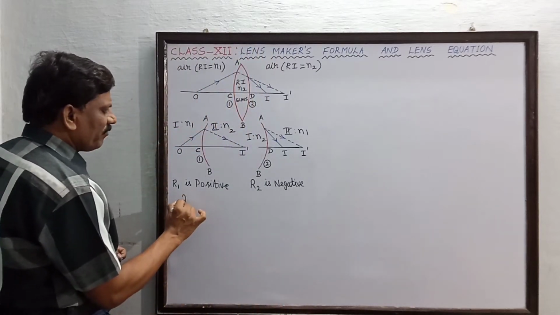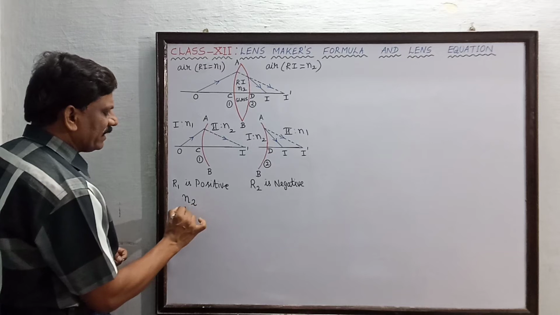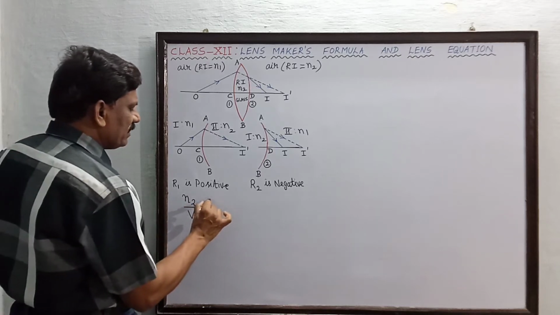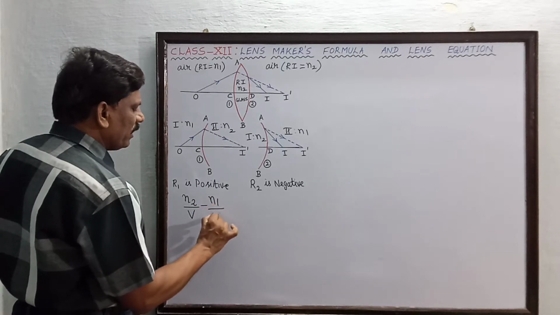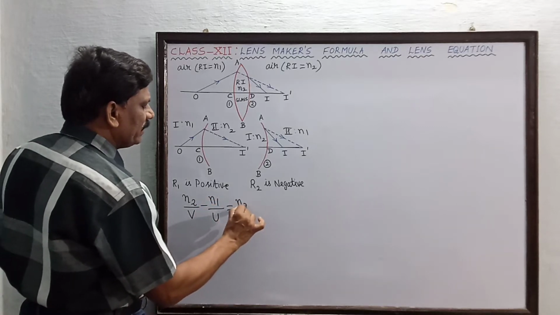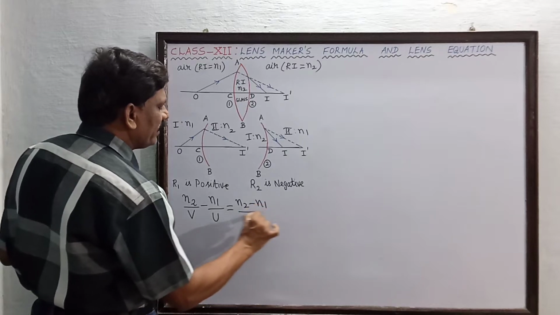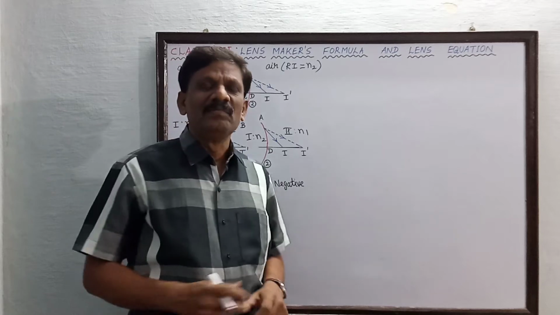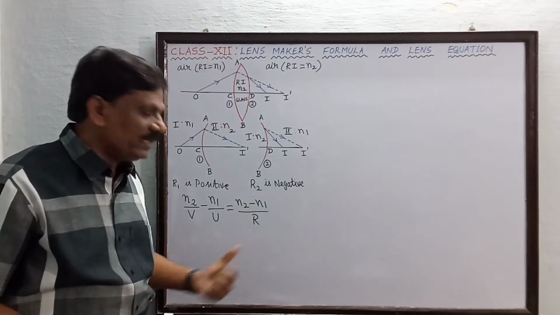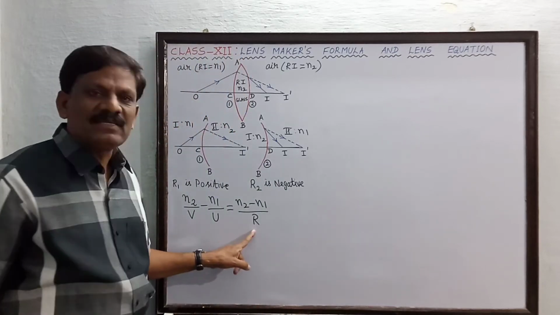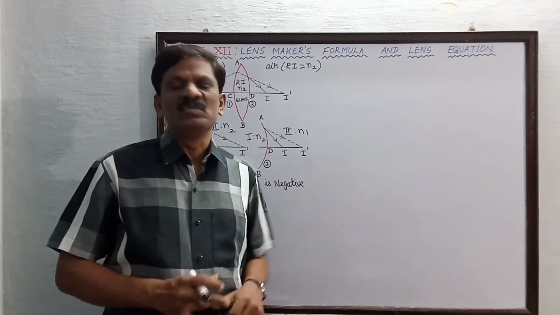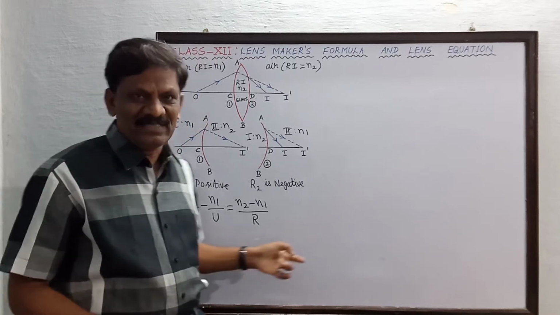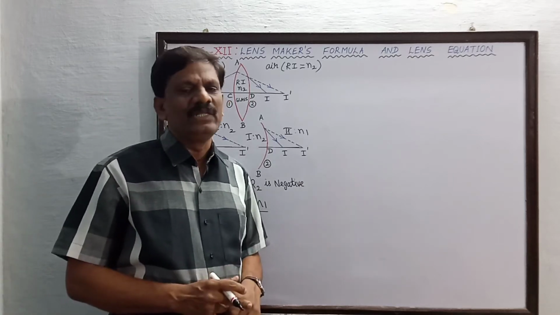Refractive index N2 of the second medium divided by the image distance V, minus N1 by U, is equal to N2 minus N1 divided by capital R. Always keep it in mind: in the general equation, write in capitals. Then only you will not confuse yourself. Don't use a small u and a small v here. Use only capital V and U.